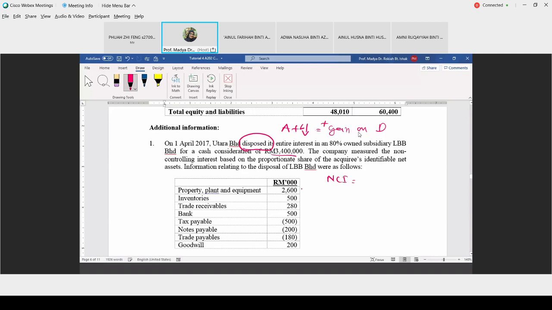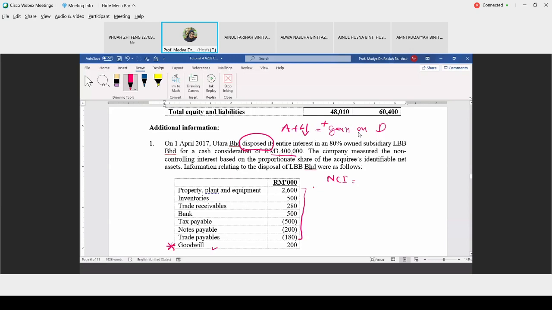So you total up all the assets that you have, excluding the goodwill, because the NCI is measured based on a proportionate share of net assets. So there is no goodwill for the NCI. The goodwill here is only for the parent. So you just total up all the assets and liabilities that you have.